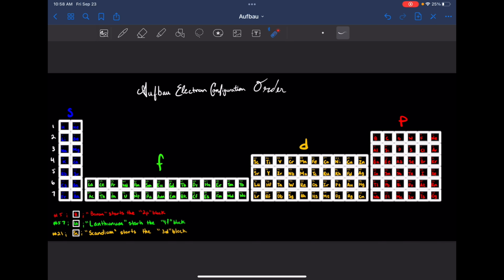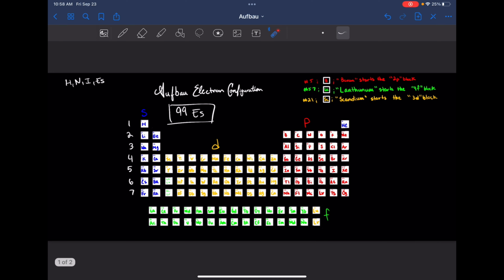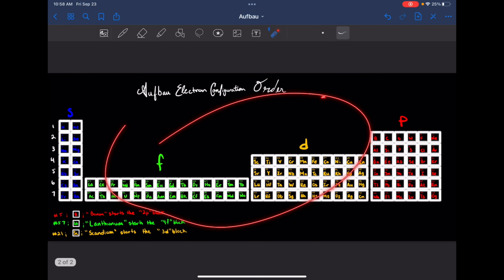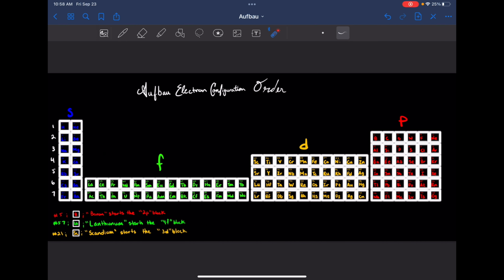Because the periodic table is written like this, not like this. This is just something that I reordered to make it easier. But if we try to go to, say, nitrogen again, 1s2, 2s2, 2p, 1, 2, 3, 4.